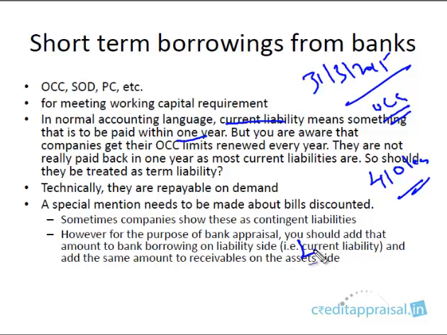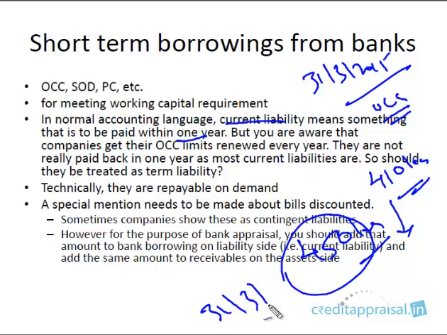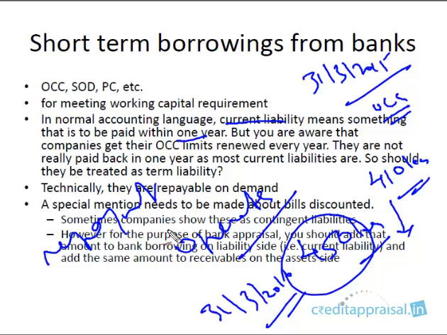This company is availing a working capital limit of 450 lakhs and it has come for renewal. What you're going to do as a banker is renew this limit for the next 1 year, till March 2016. It means the company can continue to operate the account for the next 1 year. The question of repayment doesn't arise.